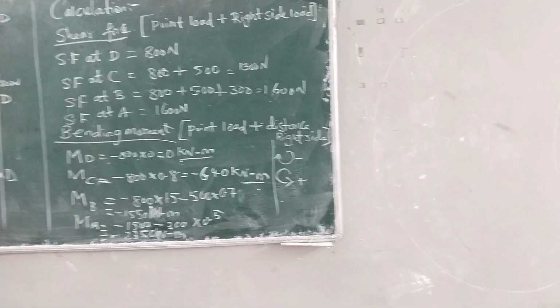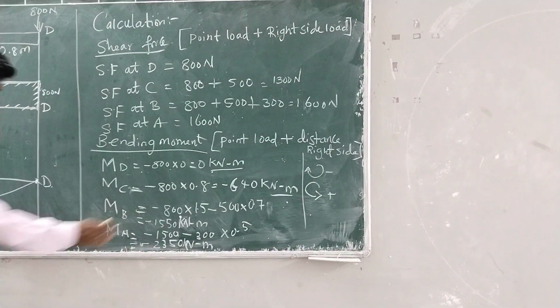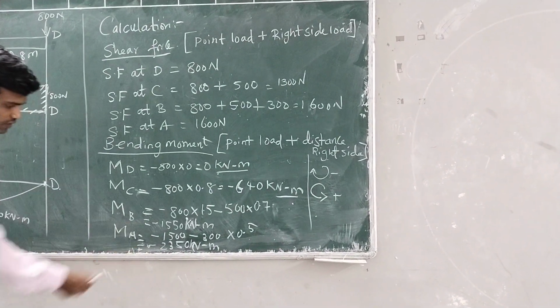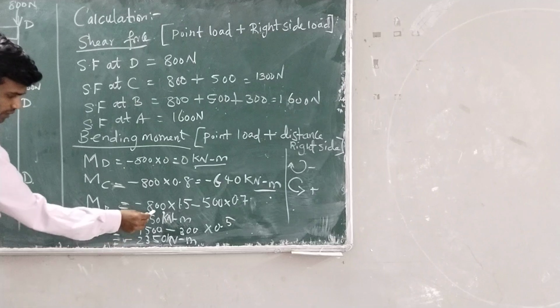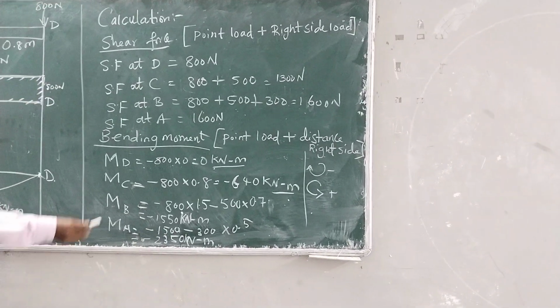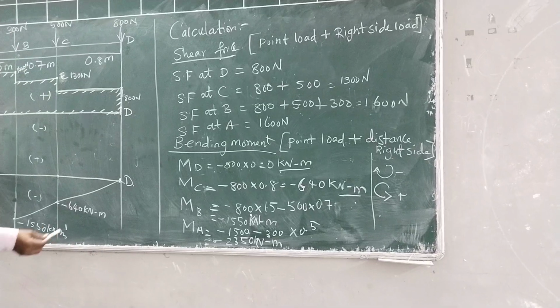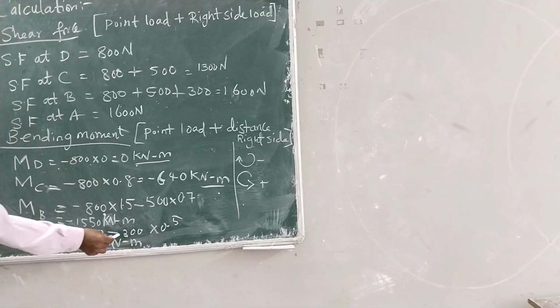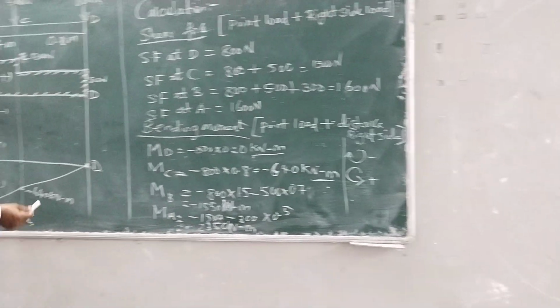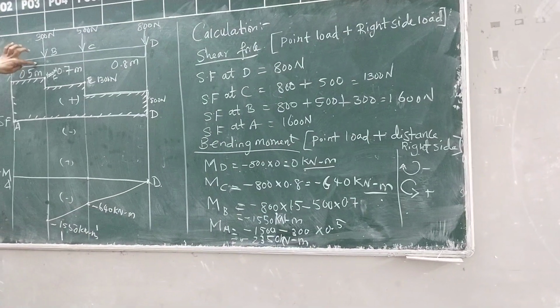At last, the bending moment at A. We already found the bending moment at B, so we can put the bending moment at B value, minus 1500, from B itself. So we consider the bending moment at A: minus 1500 minus 300 Newton into 0.5, which is the distance.